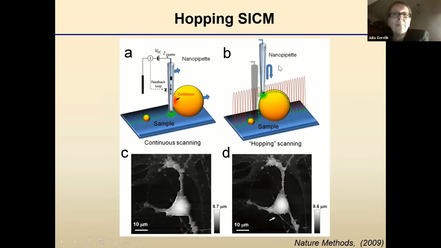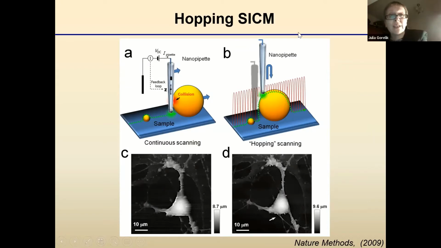Our pipette hops from a fixed distance, and with this hopping mode, we can resolve not only small features, we can scan very thick objects such as tissue. For example, now we can scan the open aorta, because our pipette just hops from a fixed distance.